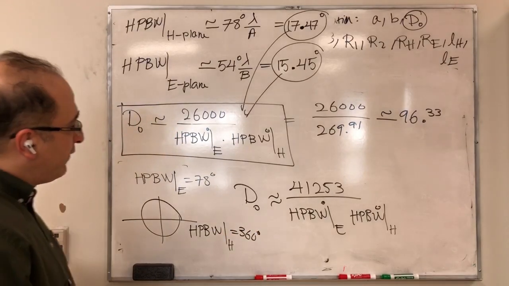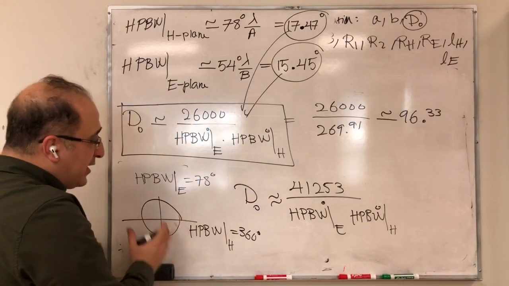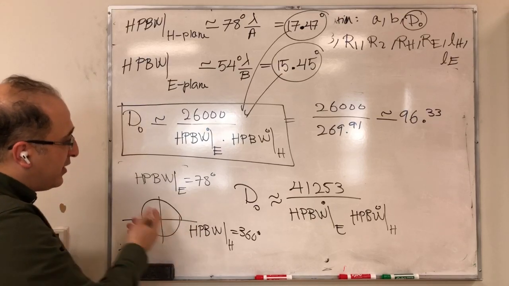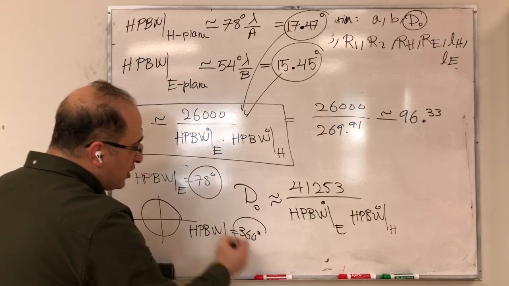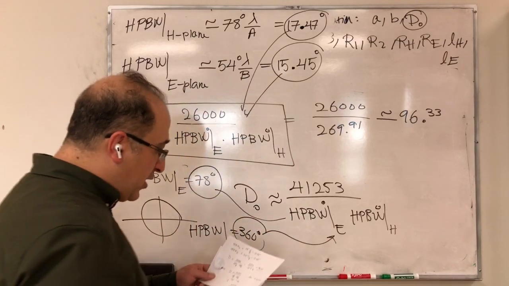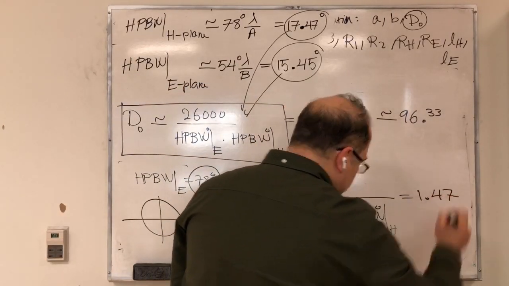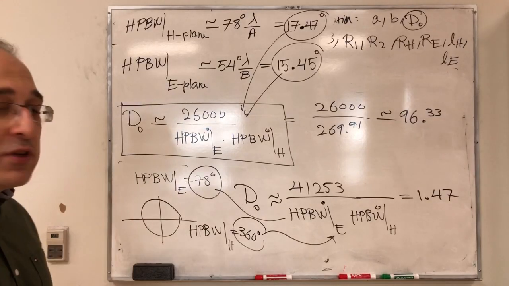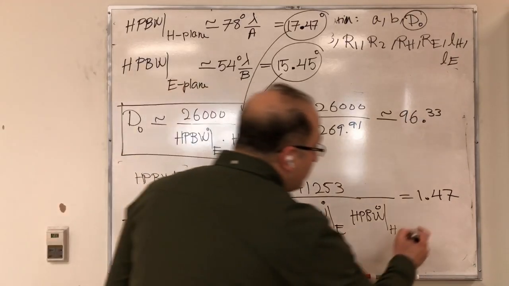If we apply this equation to this antenna, which is not a very directive antenna, it's very moderate in terms of directivity, you just put these in, and the final result becomes 1.47. That is the estimate for the directivity of a half wavelength dipole antenna.